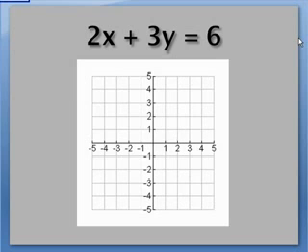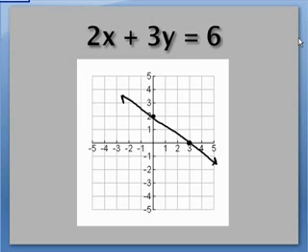That means y would have to be 2. To find the x-intercept, we substitute in 0 for y. Remember the cover-up method, so the 3y is gone. What times 2 will give you 6? That would be 3. So then I have 2 points, so then I can draw the line.